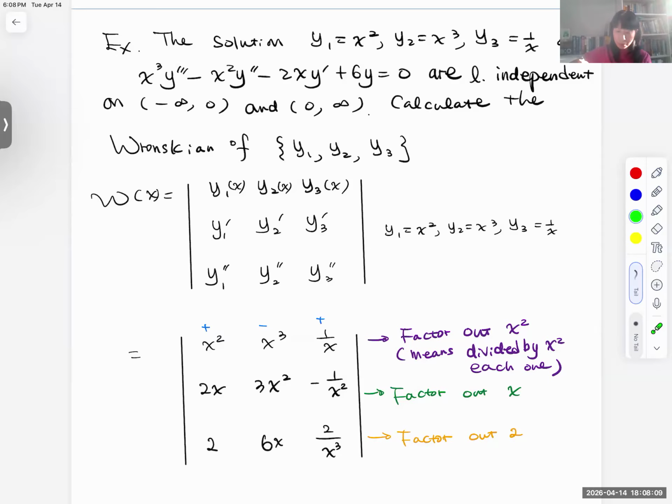So in 3 by 3, I rewrite this way, the Wronskian determinant. Now y sub 1 is given earlier, so we have the solution y sub 1 equals x squared. Replace y sub 1 by x squared, y sub 2 by x to the third power, y sub 3 by 1 over x. Now this question has a combined method.